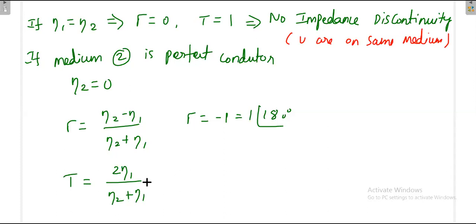Actually it should be 0, or otherwise you have to take medium 1 as a perfect conductor. We'll clarify it later.